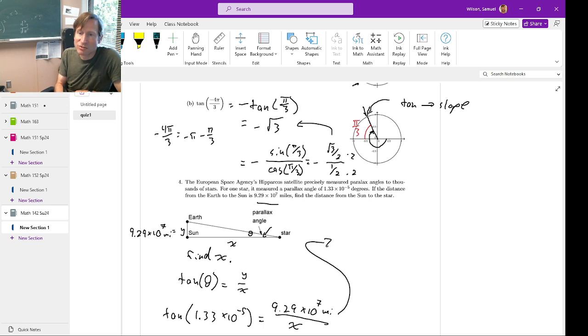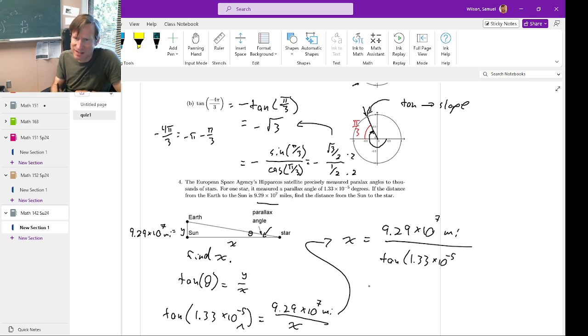And then do some algebra to solve this for x. We're going to get x equals 9.29 times 10 to the 7th miles over tangent of 1.33 times 10 to the minus 5th, and then I didn't write, it should say degrees right here. So this is degrees.